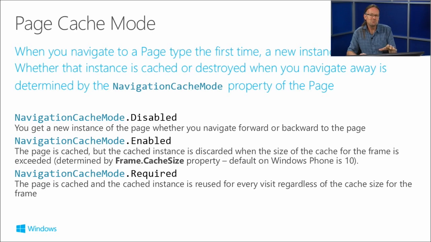This navigation cache mode simply controls whether you reuse the same instance of the page object you created before, which is navigation cache mode required, which is actually set in all the new project templates. That's the de facto standard for phone projects. Or if it's navigation cache mode disabled, then you will always get a new instance. It will just always blow away the old one.